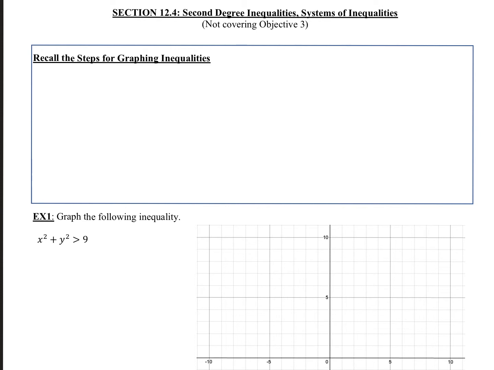So real quick, let's recall some of the steps for graphing inequalities. The basic thing for an inequality is you want to first find the boundary. So one, determine the boundary, and state if it's solid or dotted. Then after you determine the boundary, you're going to pick a test point and determine which side to shade.